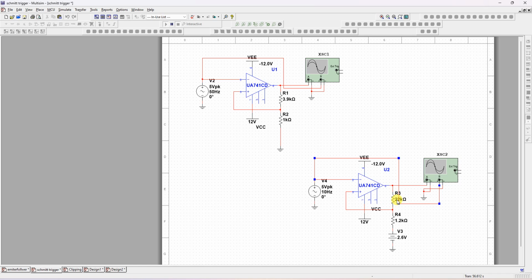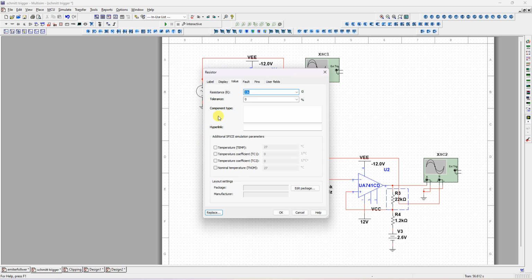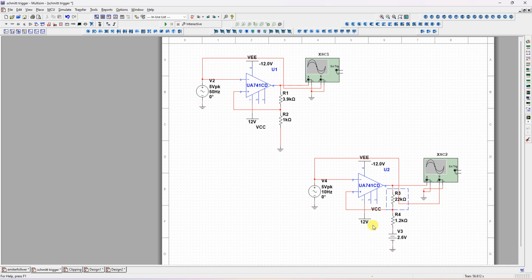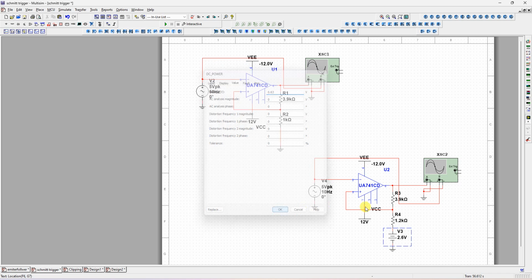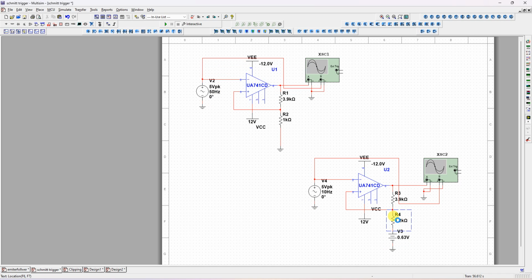Let's change the value to any other value. 0.9K. This is 1. This is 0.63. And this is 1 kilo ohm.